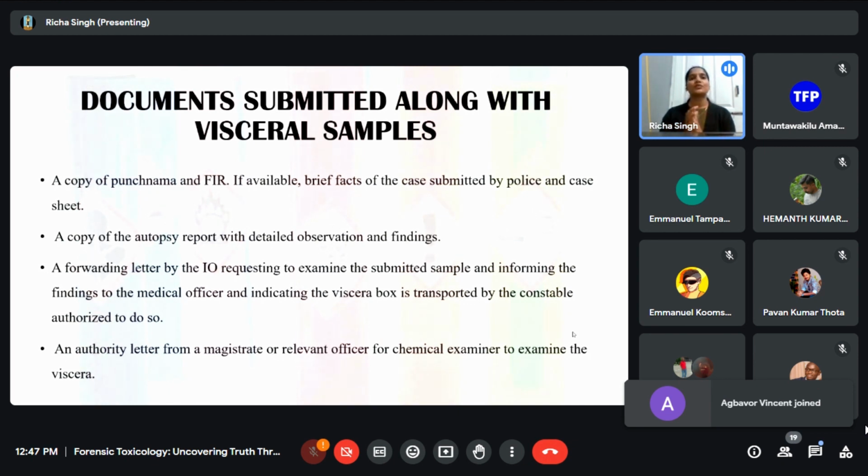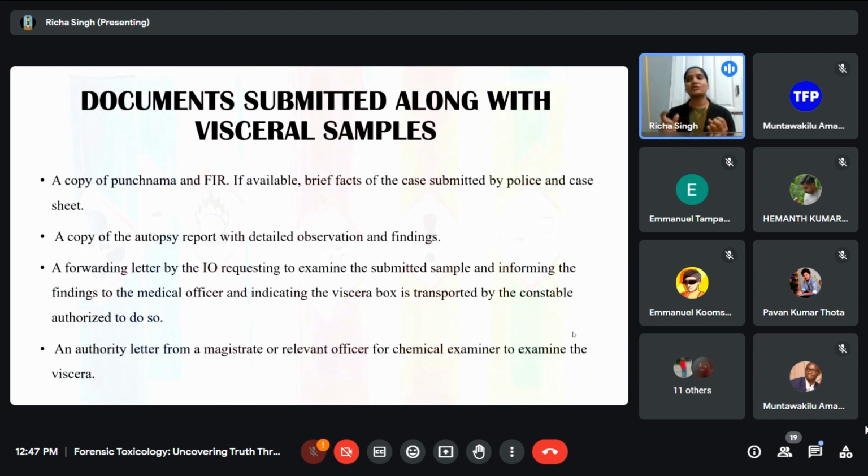Then a copy of the autopsy report with detailed observation and findings. Also in this, the poison which is suspected, because as the doctor does the autopsy of the person, when he cuts open the body, it shows different internal signs and symptoms which give a guess estimation of what exactly can be the poison that was given to the person which led to the death.